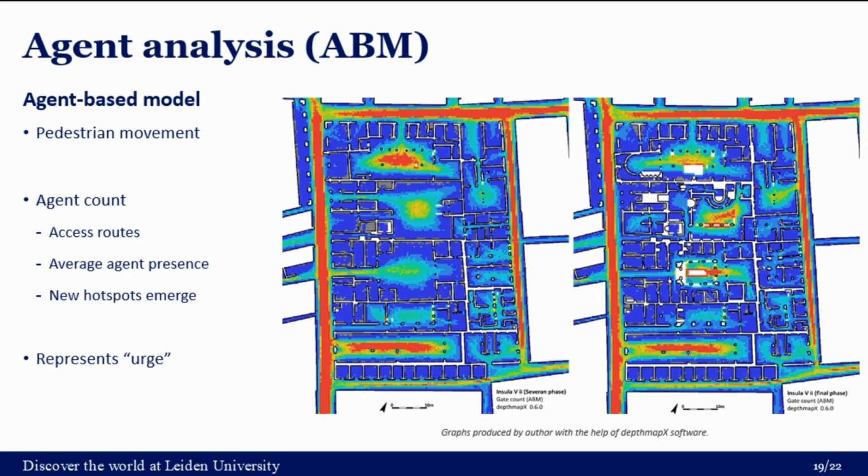Now the final method is the agent analysis, or agent-based modeling. This kind of model allows us to simulate pedestrian movement, which is done by setting free autonomous agents from random locations within the accessible area without giving them any goal or purpose.